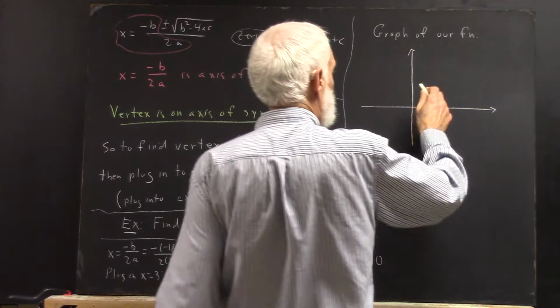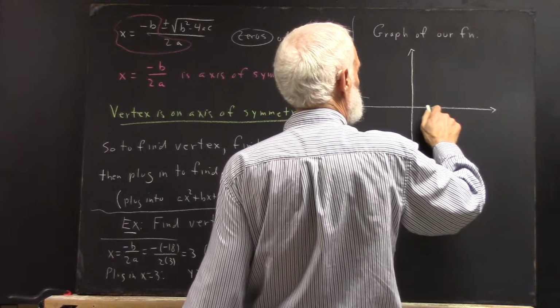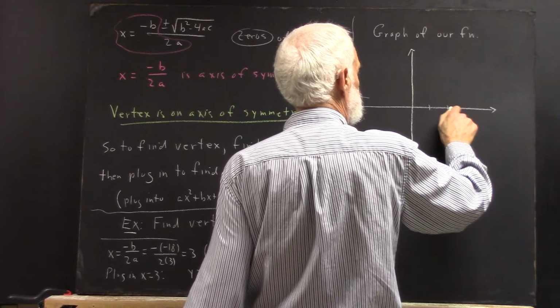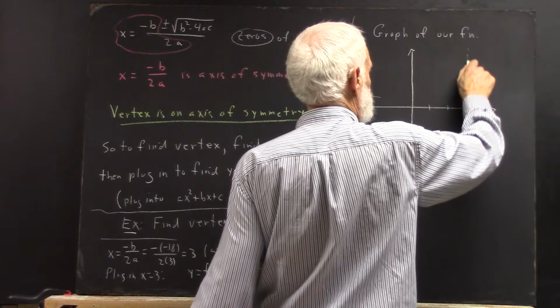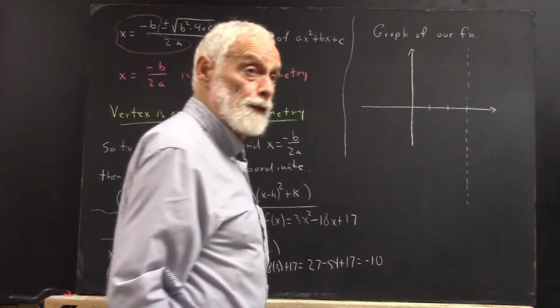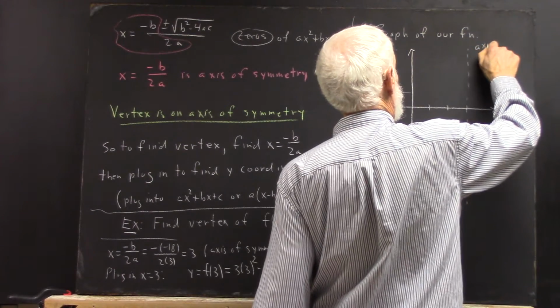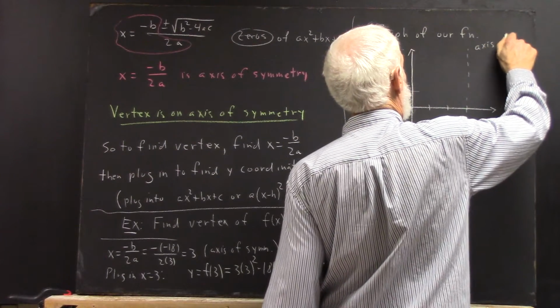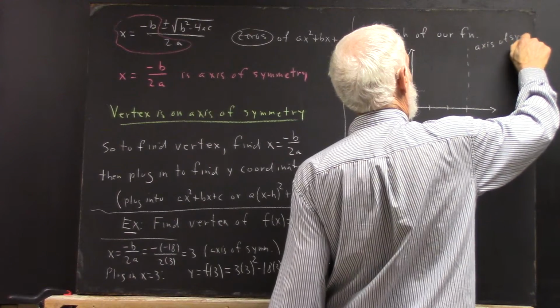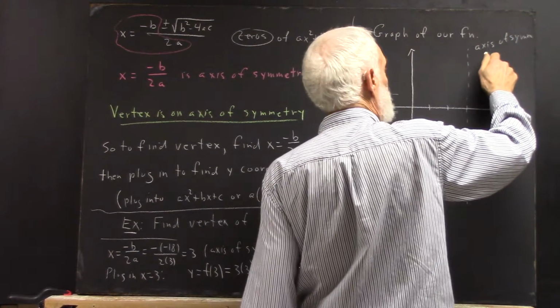Okay, so I'm going to put x equals 3 here. That's the axis of symmetry. I said the vertex is at x equals 3. It's on the line x equals 3.